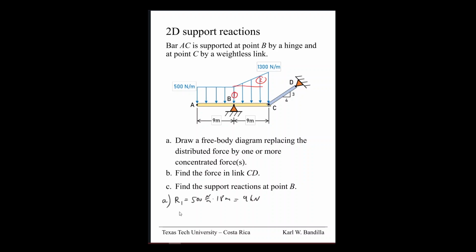So we can say X bar 1 would be right at the middle here. So that would be 9 meters. And let's make sure that we know exactly where, from point A. Alright, that would be our first one.